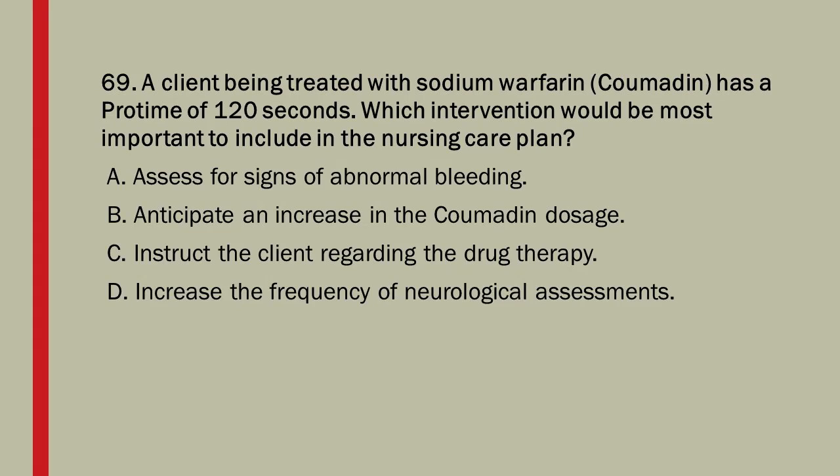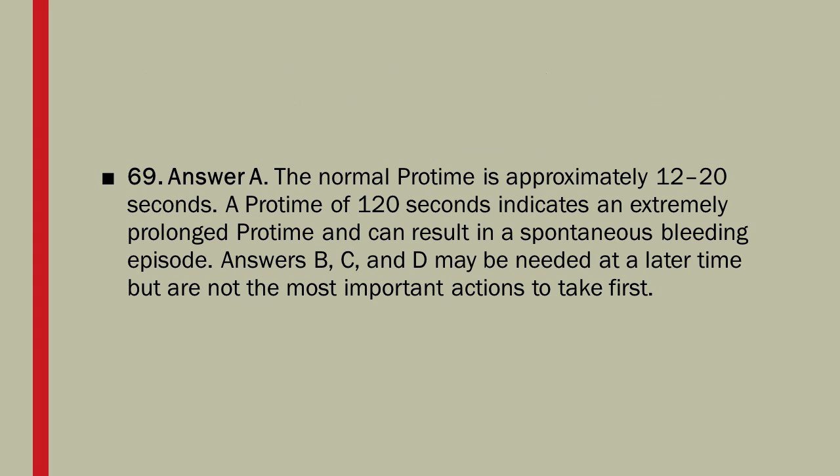D. Increase the frequency of neurological assessments. 69. Answer is A. The normal Protime is approximately 12 to 20 seconds. A Protime of 120 seconds indicates an extremely prolonged Protime and can result in a spontaneous bleeding episode. Answers B, C, and D may be needed at a later time but are not the most important actions to take first. 70.